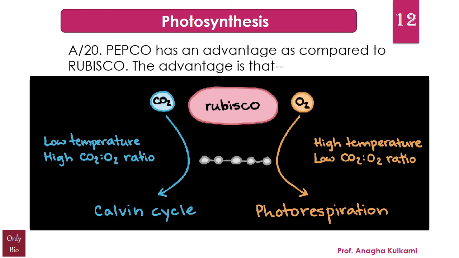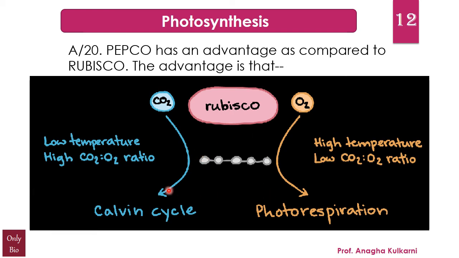Okay, please remember, C4 plants have carboxylating enzymes that have a higher affinity for carbon dioxide compared to Rubisco, and especially at the low carbon dioxide concentrations and high temperatures. The C4 pathway uses PEP carboxylase, which has a much higher affinity for carbon dioxide than Rubisco. In addition, PEP carboxylase does not have an oxygenase activity. So you can look on the screen very clearly to understand the difference here.